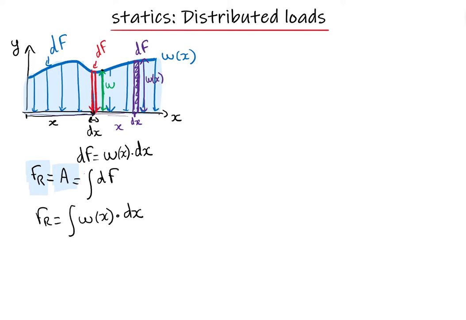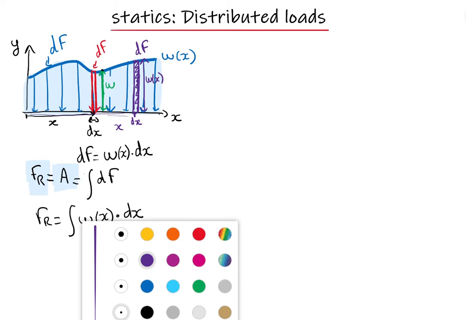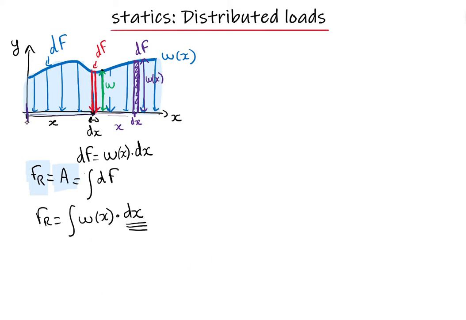The question when we have an integral is always what are the limits of the integral? The limits always depend on the little element of integration, that is dx. So we need to write limits for dx. It's between the beginning of the load, let's call that x1, and the end of the load, x2. So it will be from x1 to x2.